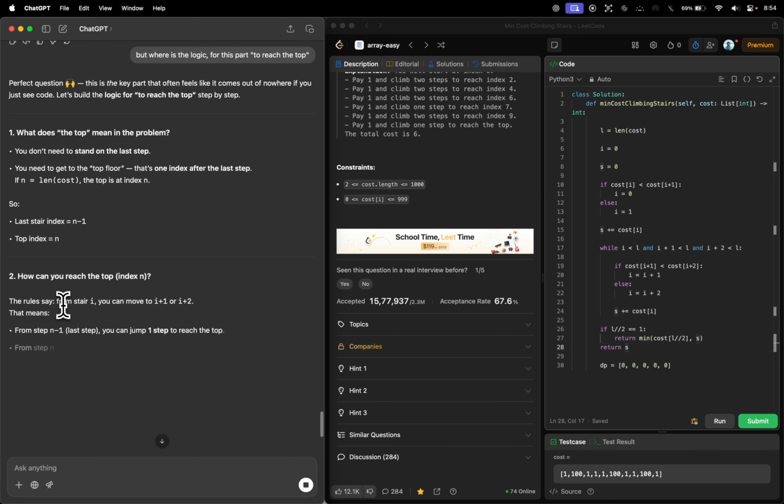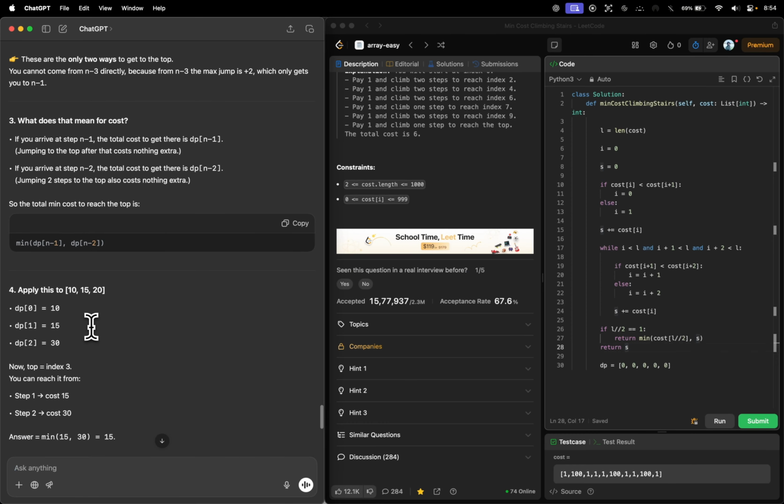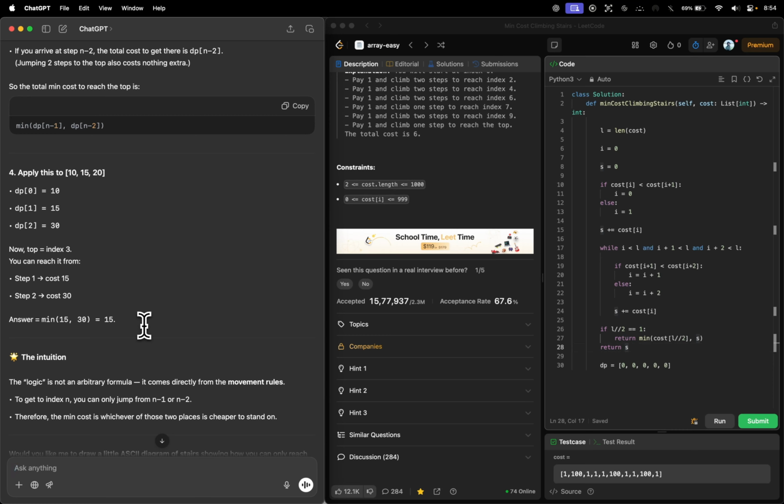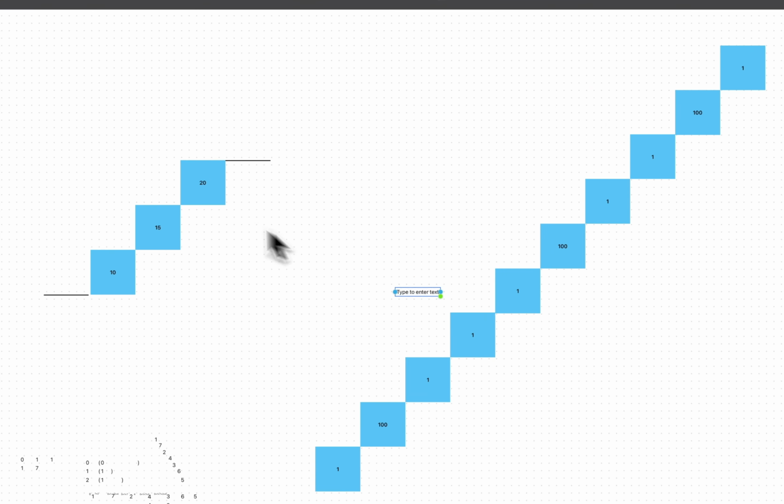The rule says from the step you can move to the top, which will cost n minus 1. Let's say n is 4, then, okay, wait, let me look at this.